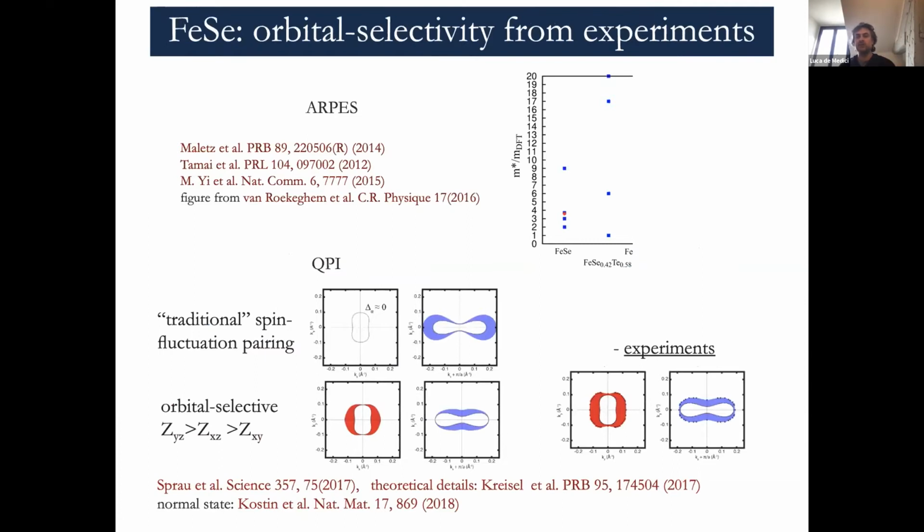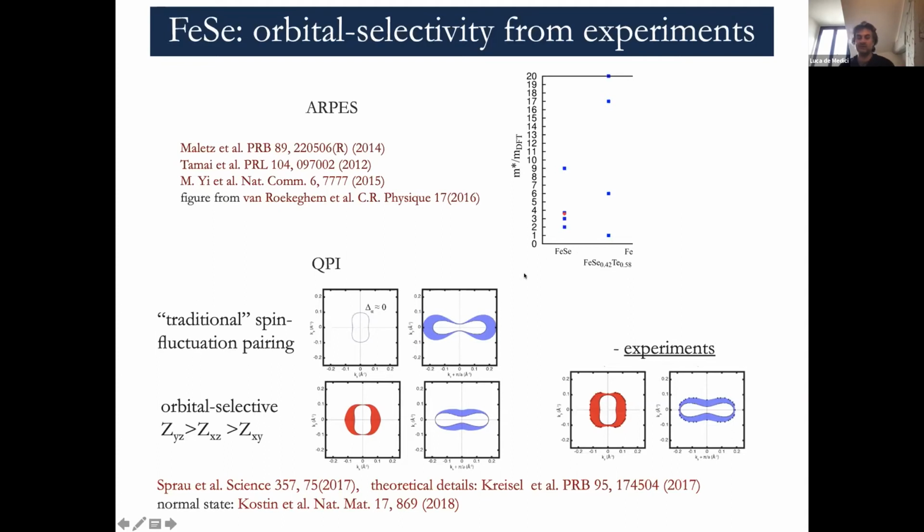Particularly for iron selenium, orbital selectivity was seen in a lot of ARPES works. There is a nice work from Rutgers and the group with Mingyi. I think at that time she was probably in Chen's group, but there are other works. Here I quote some of the estimates of the mass enhancements for iron selenium and iron selenium tellurium, and they're very spread.